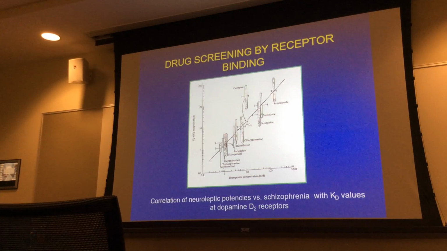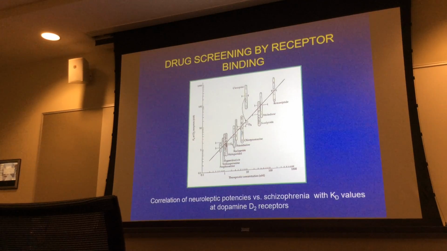And you can tell from this, okay, that once you obtain the KD of the drug at the receptor, which you can do in 1 day in a radioligand binding assay, using exactly the techniques that I talked about last time, you can in fact predict how potent it's going to be in vivo, very simply.